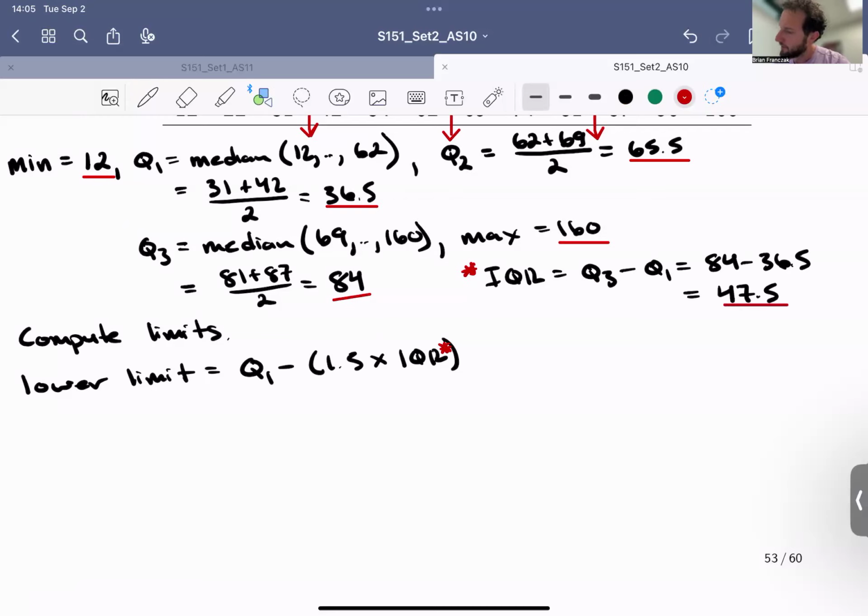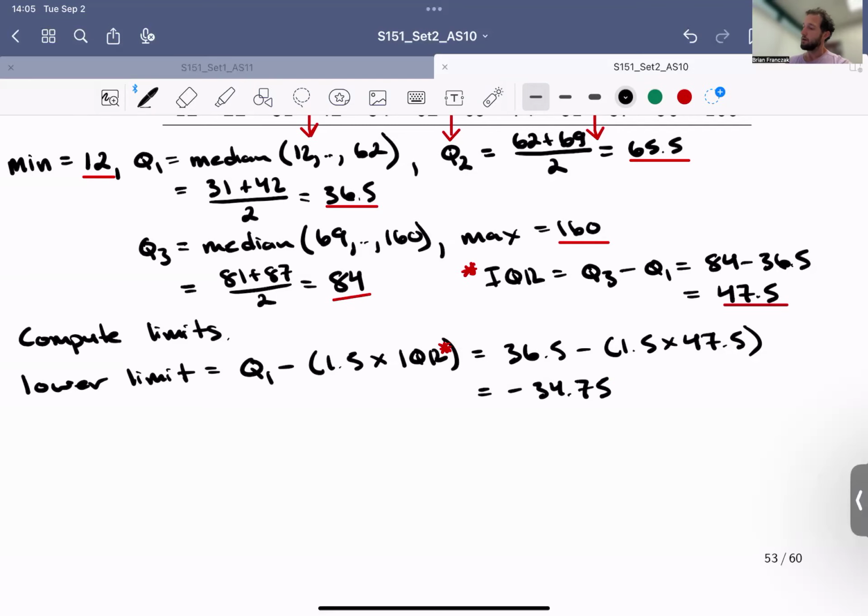So the IQR for this data set is 47.5. So that means our lower limit is 36.5 minus 1.5 times 47.5. That gives us a lower limit of negative 34.75.